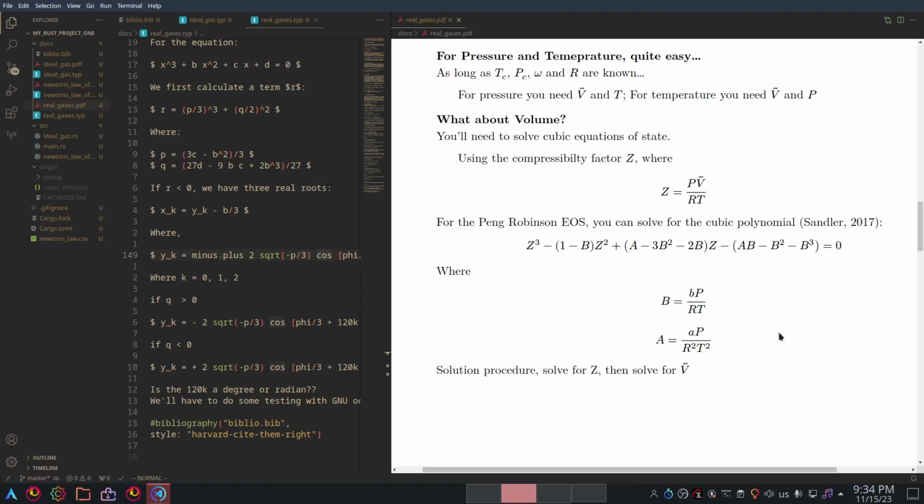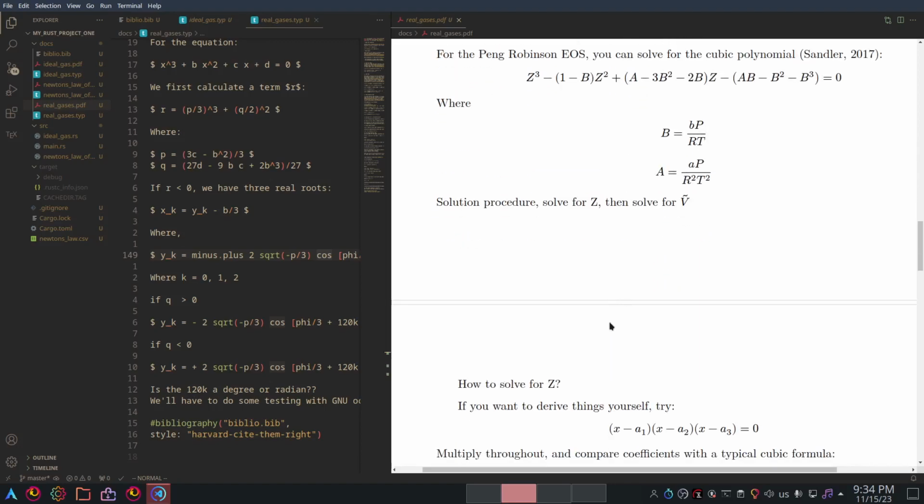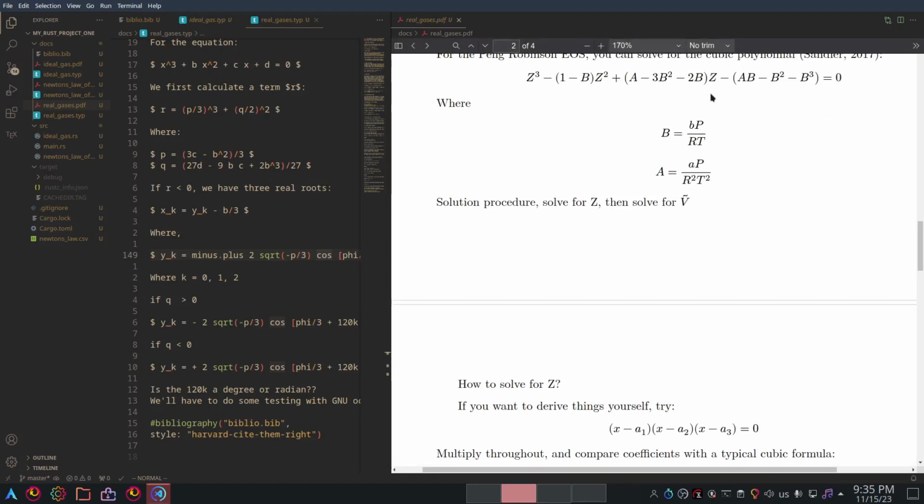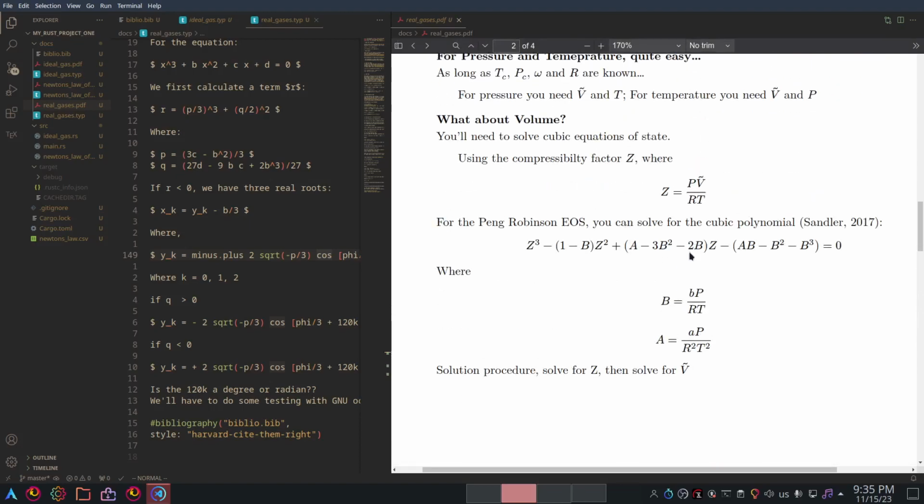So A and B are practically constants here because the temperature and pressure are constants. This comes from Sandler's Thermodynamics textbook. If you're interested, you can look up resources online on how this was actually done. There's a lot of polynomial algebra which I will just skip.